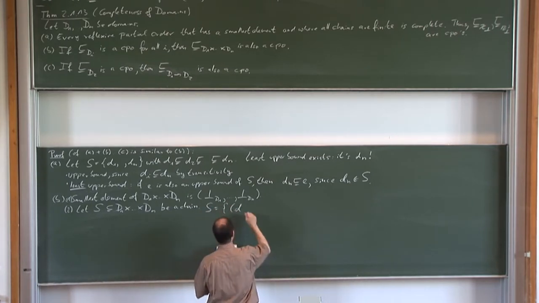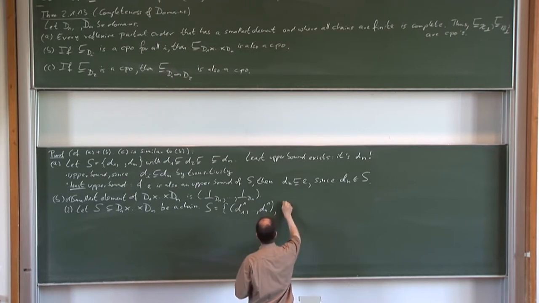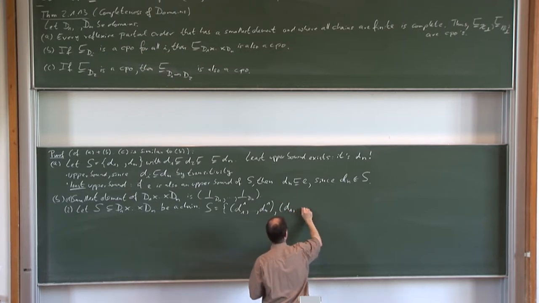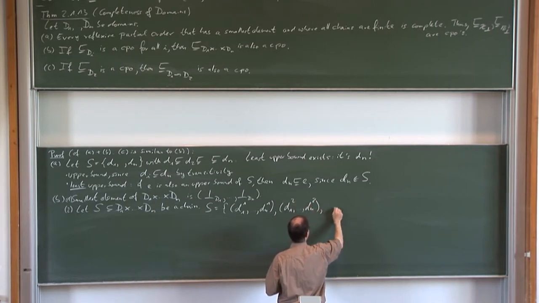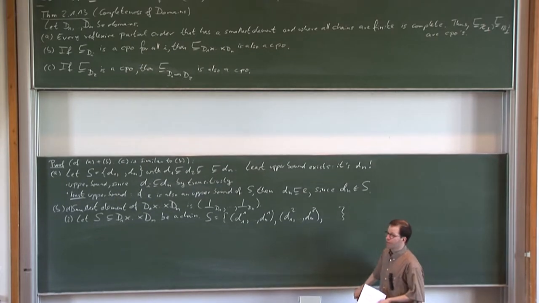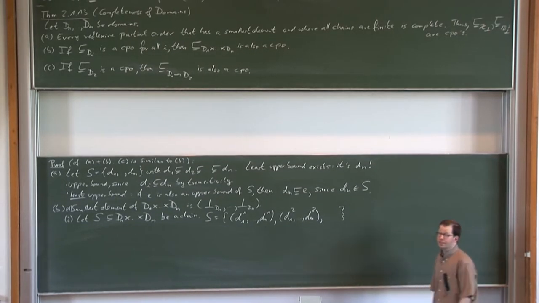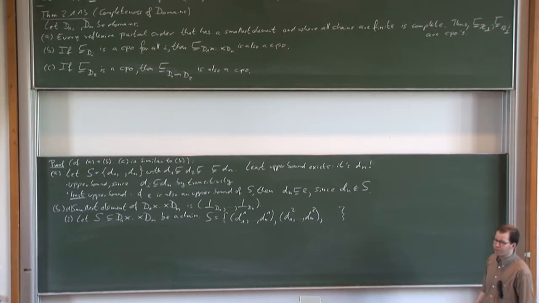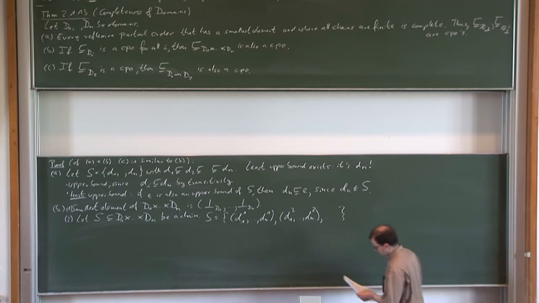So let's say the first one looks like this, D1 to Dn, and I write an index 1 on top. The next one is D1 to Dn with index 2, and so on. Now this can be finite or infinite. If it's finite, then it clearly has a least upper bound. Every finite chain has a least upper bound. So the only interesting case is if it's not finite.